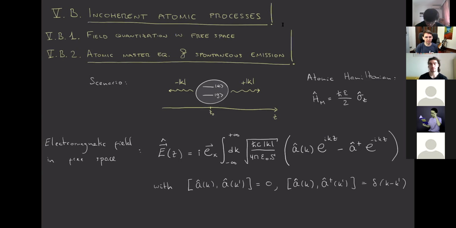Note that this is quite interesting because if you think about what we had for the open cavity, compared to this situation, it's like we have twice the number of environments that the cavity had. Because in the cavity, we only had modes that were described on, let's say, the right of the cavity, and here we will have those modes and also modes that propagate in the opposite direction.